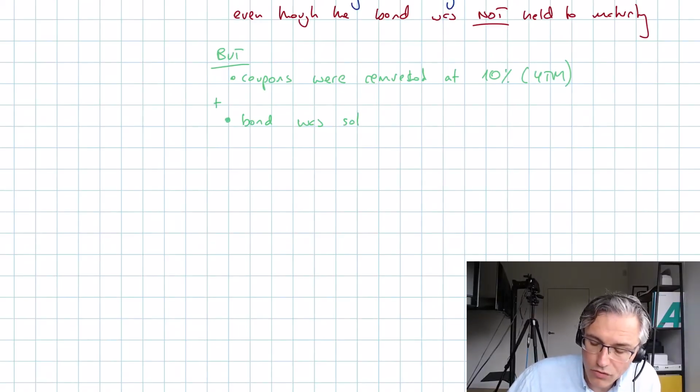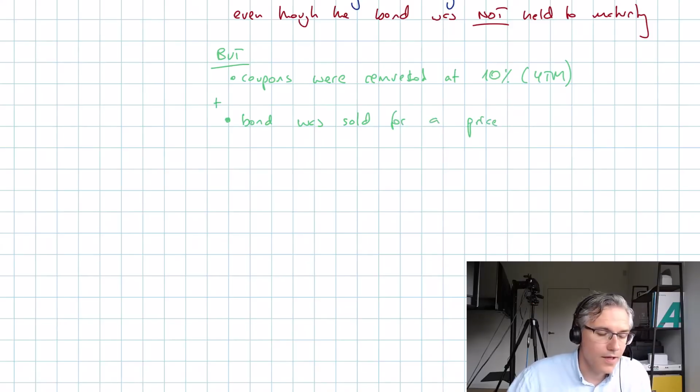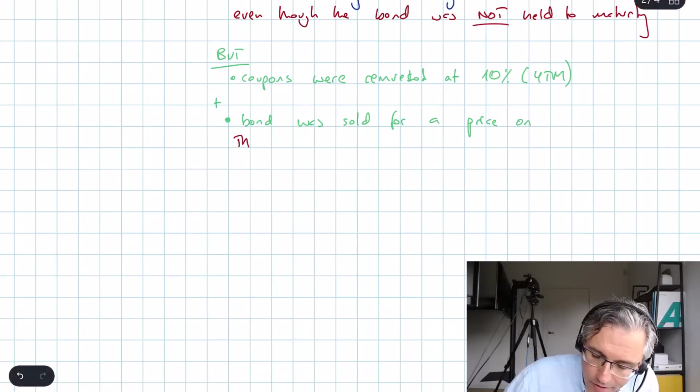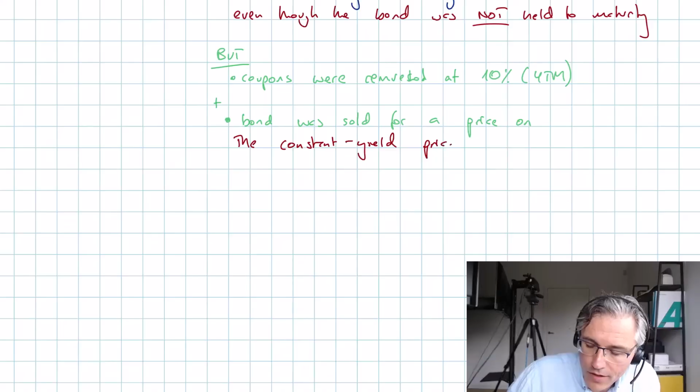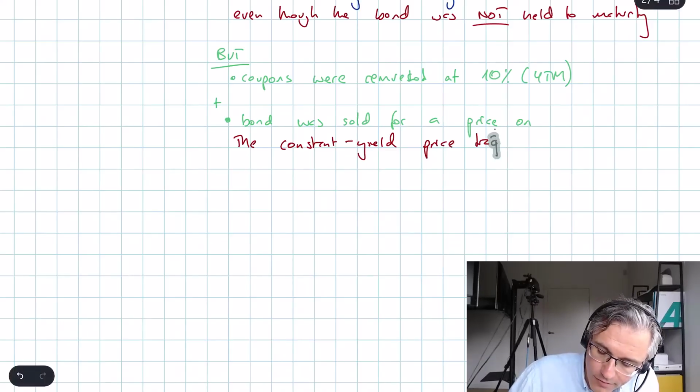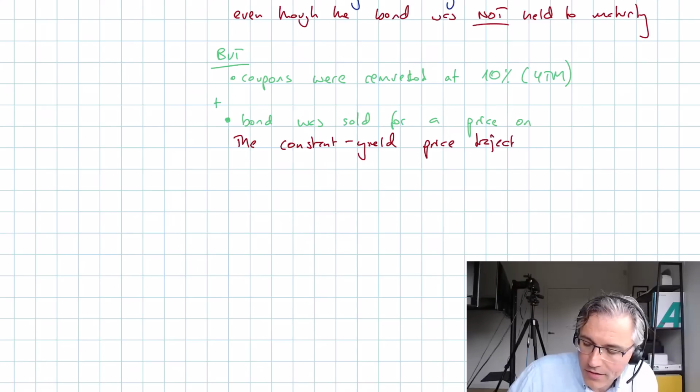Now I'm going to write something down and explain it in a moment, which lies on the constant yield price trajectory.